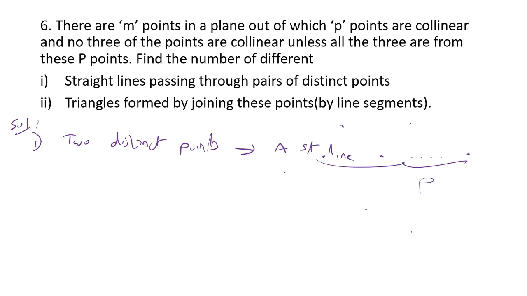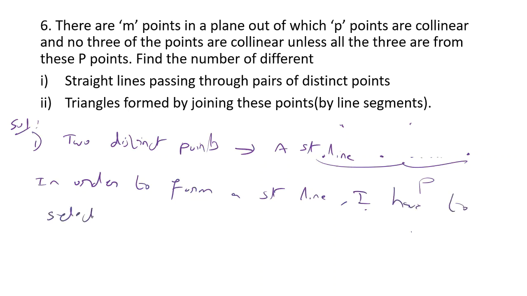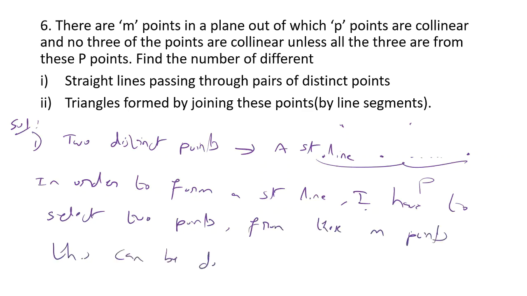So in order to form a straight line, I have to select 2 points from these m points. This can be done in m choose 2 ways.